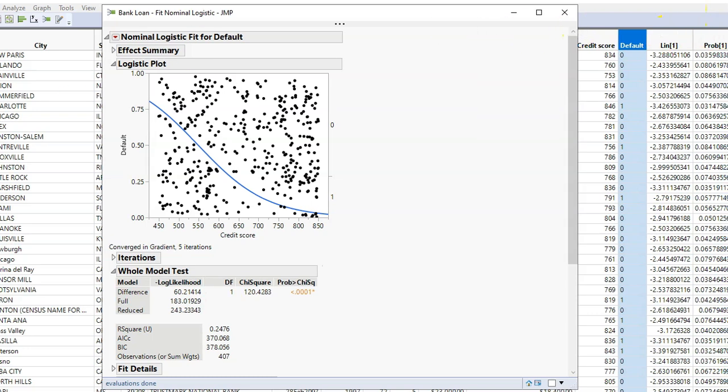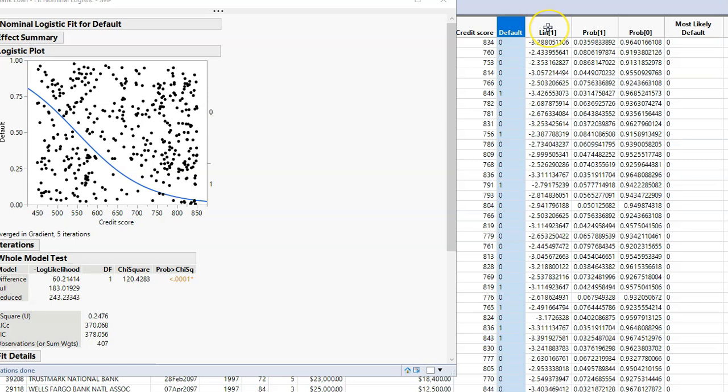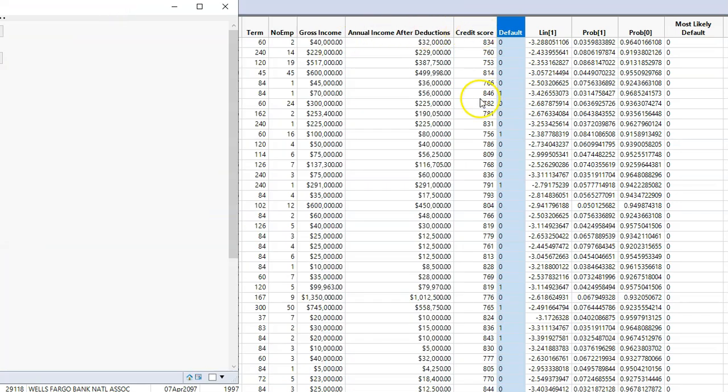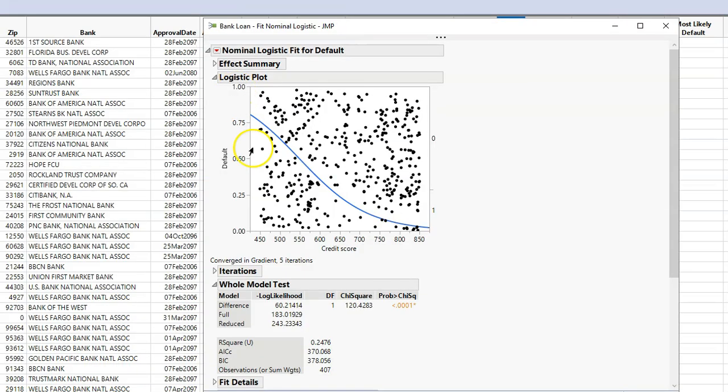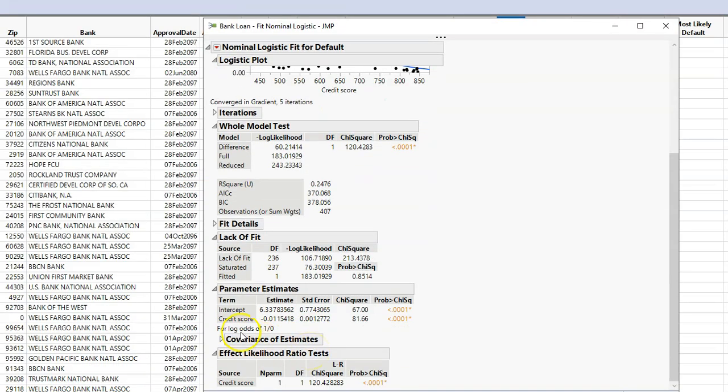Perfect. So right here, line 1 is the predicted, which means if you plug in a specific credit score into the formula, into the logistic formula, where's the logistic formula? It's right there, 6.33, negative 0.01. You plug these into the logistic model.